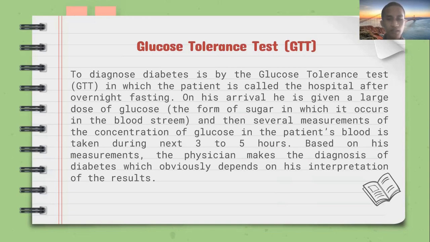On his arrival, he is given a large dose of glucose, the form of sugar in which it occurs in the bloodstream, and then several measurements of the concentration of glucose in the patient's blood are taken during the next 3 to 5 hours. Based on these measurements, the physician makes the diagnosis of diabetes, which obviously depends on his interpretation of the results.